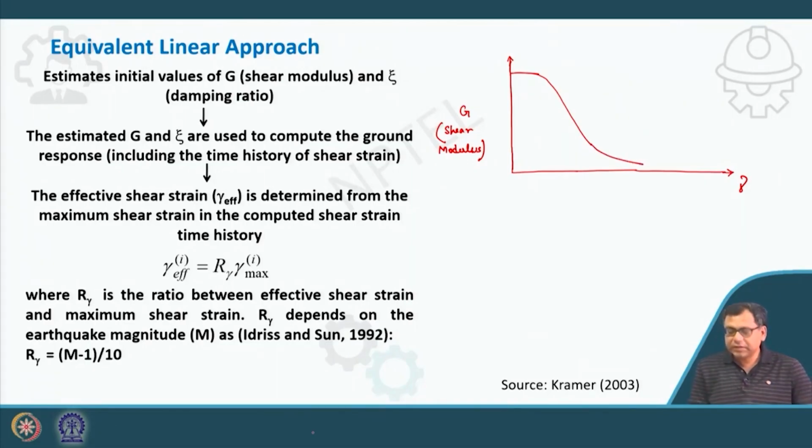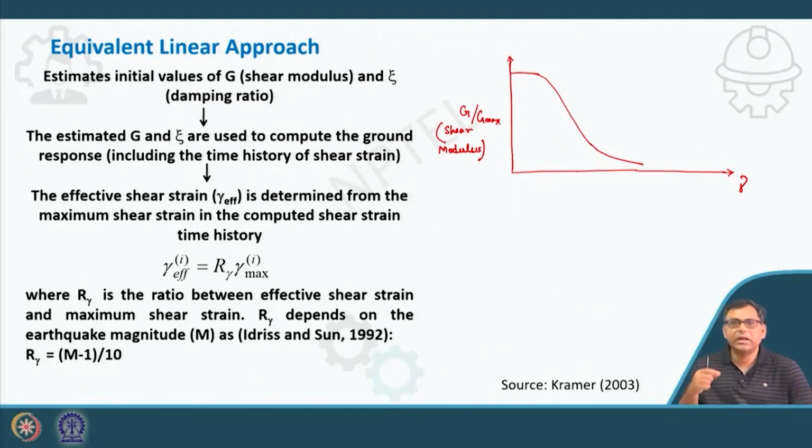This is either the shear modulus or the G by G max also you can consider. In that case, either you can plot the G with shear strain, or you can plot G by G max with shear strain. In that case, you should know the G max, and I have already discussed how you can estimate it.